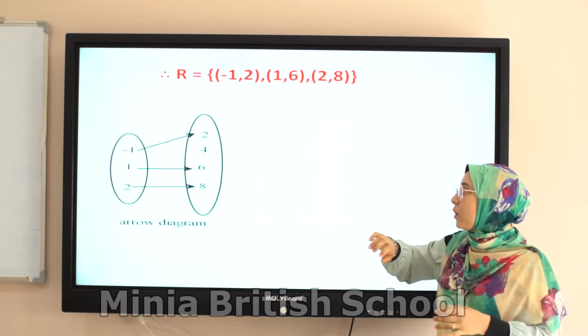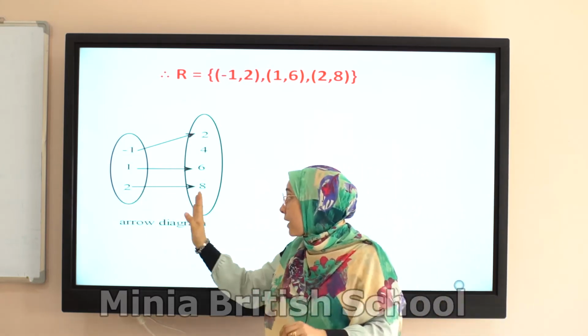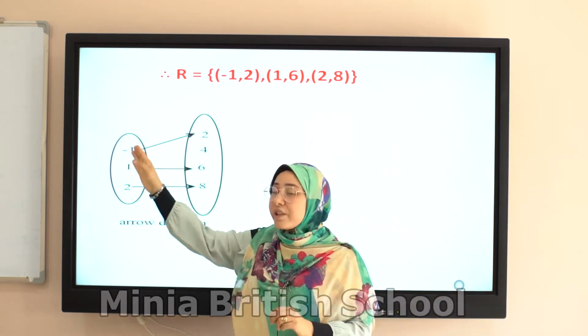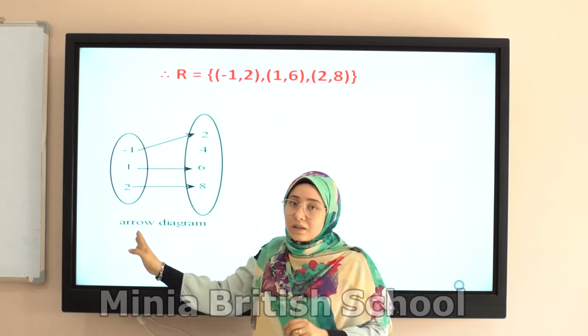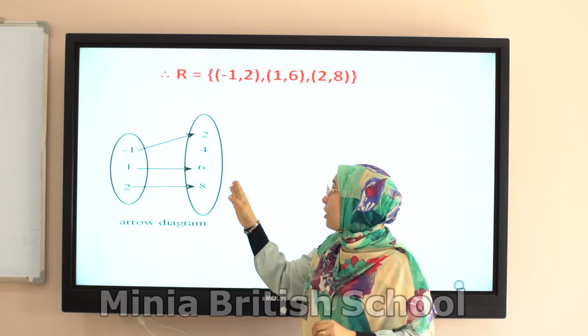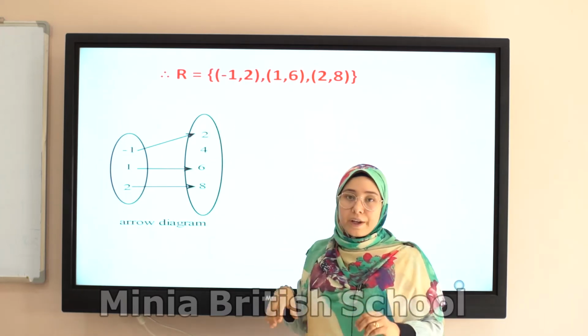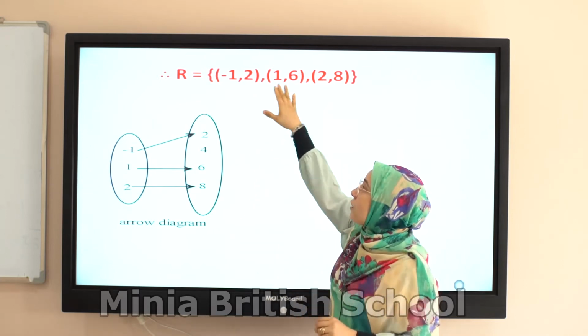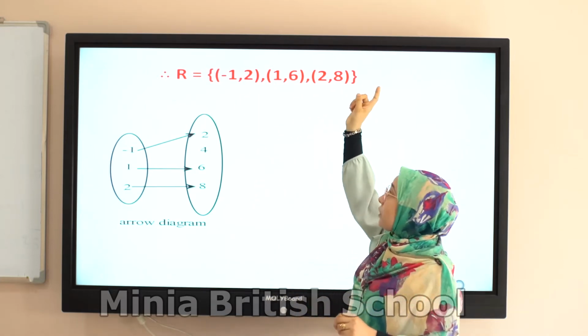So the first one, arrow diagram. I will draw two blocks. The first I will write all elements in the set X, and here I will write all elements in the set Y. Now, the relation, order pairs (-1, 2), (1, 6), (2, 8).